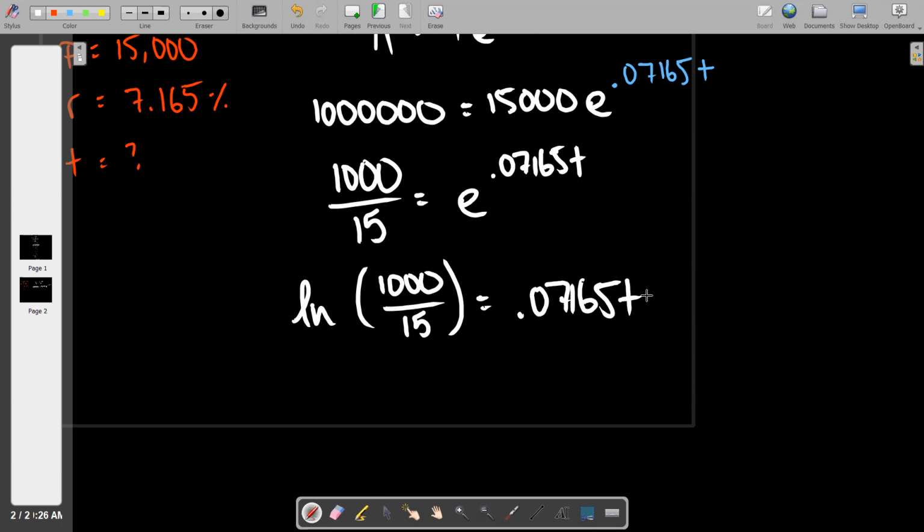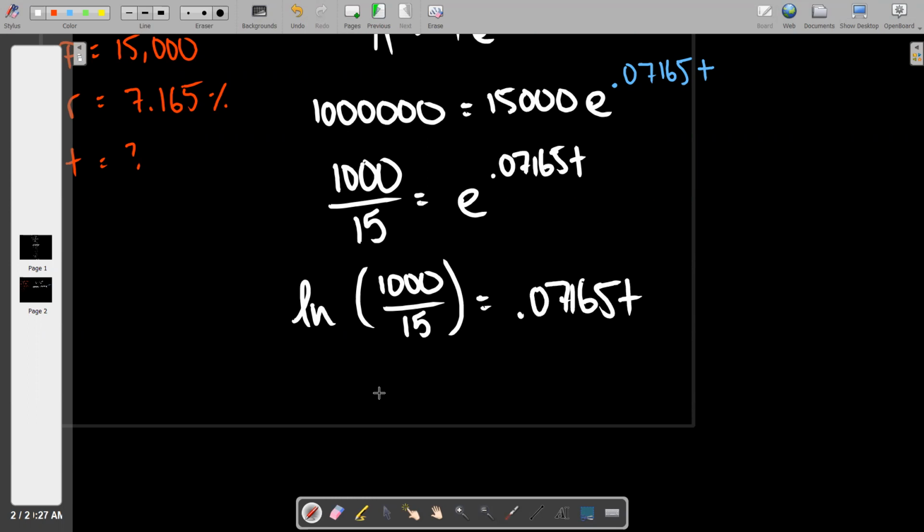Whatever. All right, so let's type it in. We're going to type in the natural log, and then into our parentheses, type 1,000 divided by 15. Close the parentheses. And then you're going to hit divided by 0.07165. Hit enter. And hey, that's not all that unreasonable.